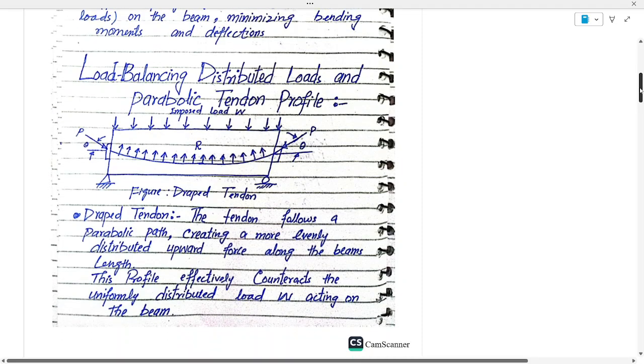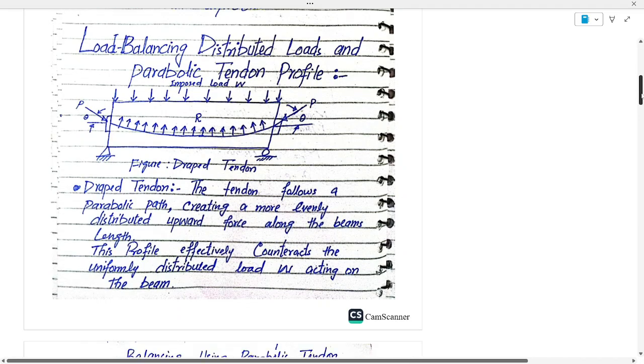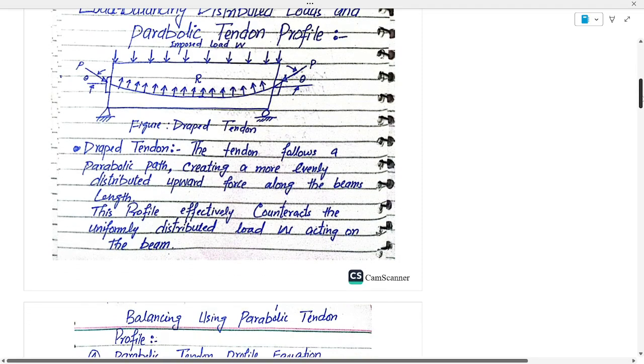The tendon follows a parabolic path, creating a more evenly distributed upward force along the beam's length. This profile effectively counteracts the uniformly distributed load acting on the beam. This uniformly distributed load is the external gravity load, which is balanced by the vertical distributed forces created by the parabolic tendon profile.